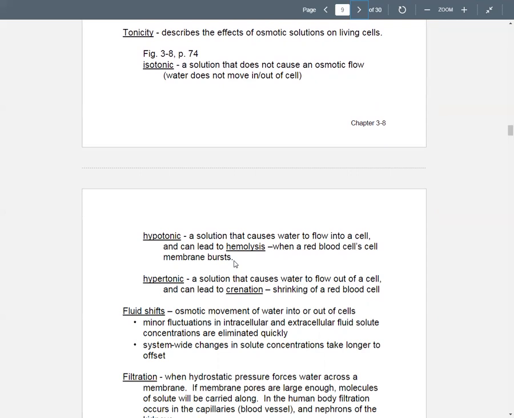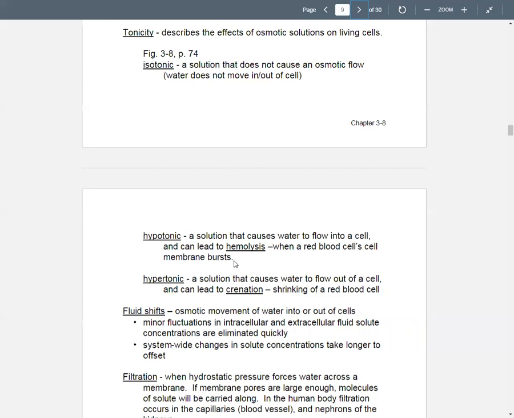Isotonic means there's no osmotic flow, and I want to make sure it's clear: it doesn't mean that there's no movement. It just means there's no net movement. There's still water moving, but the water moving in and water moving out are moving at equal rates, because the concentrations inside and outside the cell are the same.